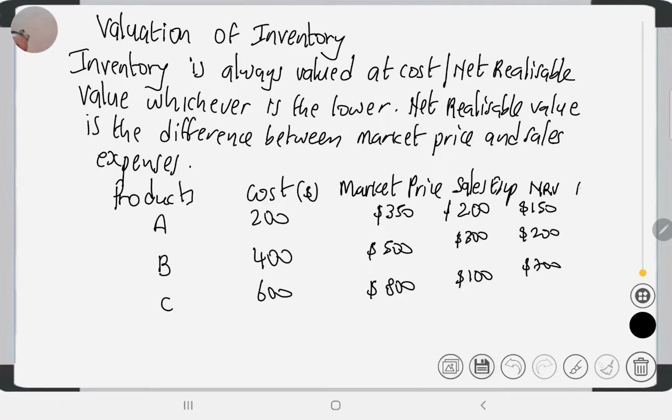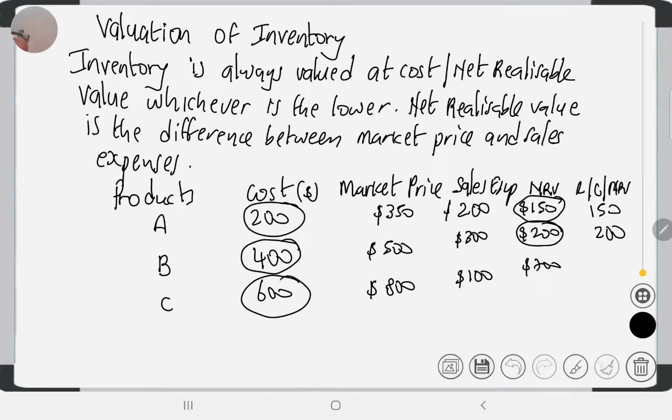So now we have to apply the lower of cost or net realizable value. For A, it costs 200 and net realizable value 150, which is lower, 150. Here we have cost 400 and net realizable value 200, so we will take 200.